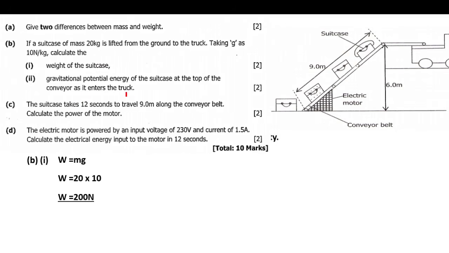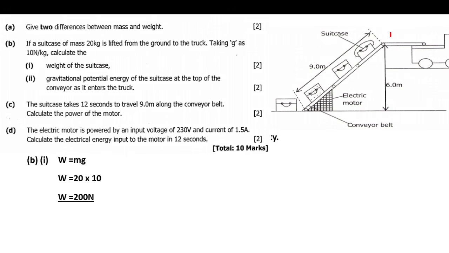So they are saying we calculate the gravitational potential energy of the suitcase at the top of the conveyor as it enters the track. So when the suitcase, for example, this one is moved up to this point here as it enters now the trailer of the track, they want us to calculate its potential energy there.